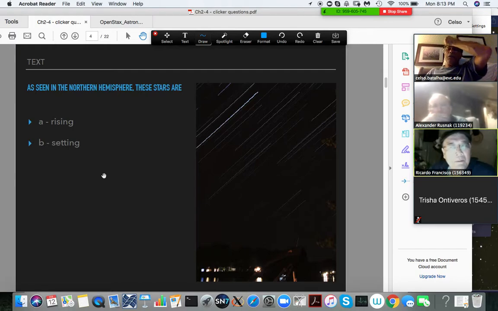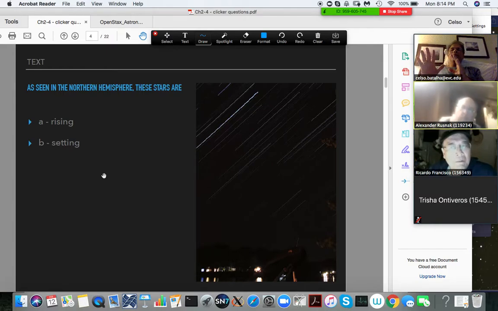I see in the Northern Hemisphere, these stars are what? Rising or setting? So to see a rising star, if we are facing south, in fact, this is not correct.